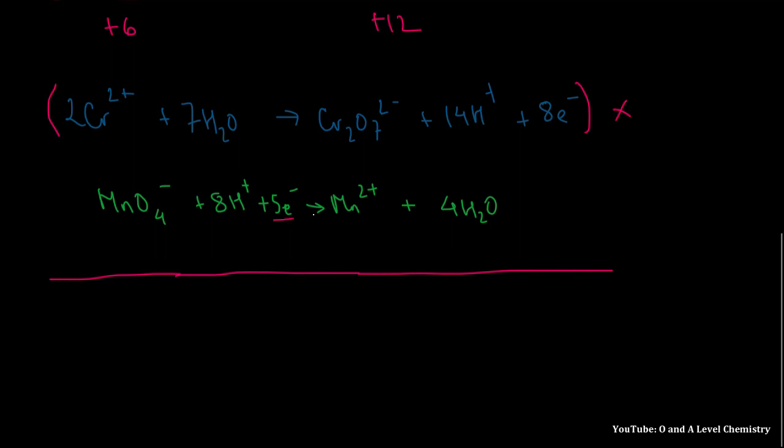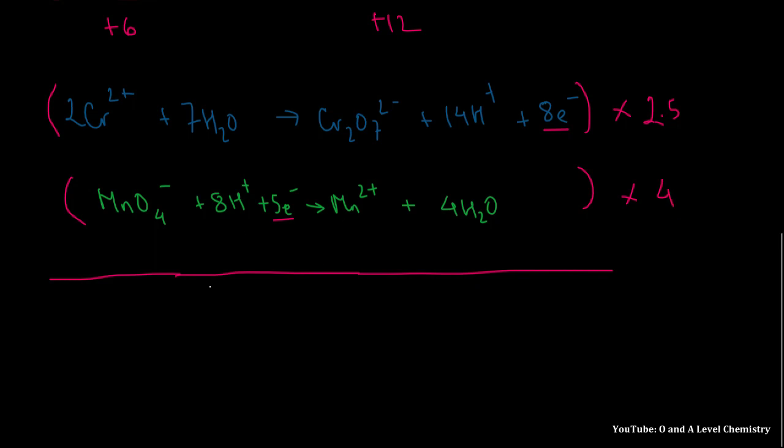I have 5 electrons here and 8 electrons here. They're on opposite sides, so they're going to cancel out as long as they're of equal number. So I need to find a common multiple. That is 20. If I multiply this equation by 2.5, then I'll end up having 20 electrons. And if I multiply this equation by 4, then I'll end up having 20 electrons.